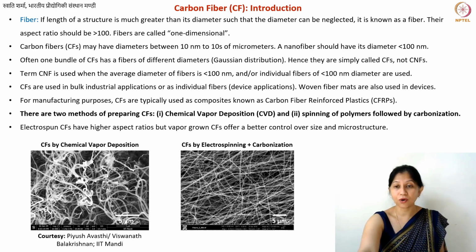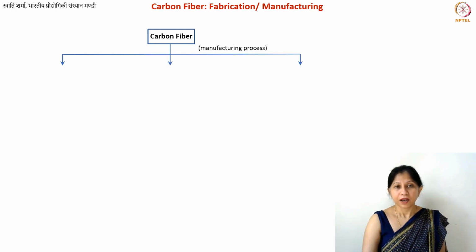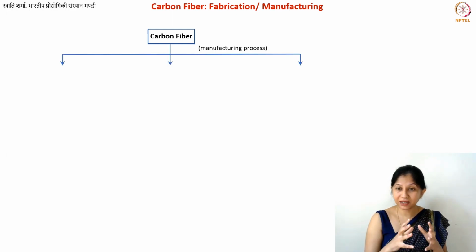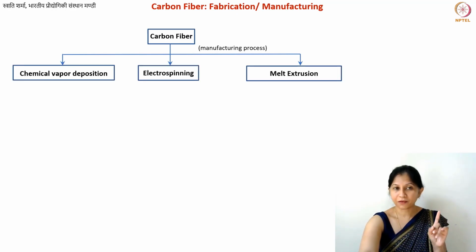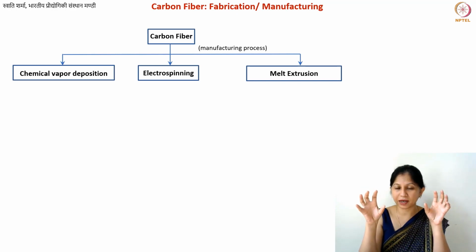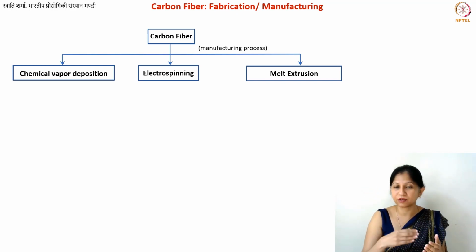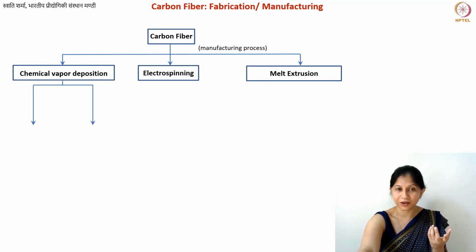Now we are going to go more into the details of how we classify these carbon fiber manufacturing techniques. The first thing is that based on the manufacturing process, as I mentioned, one is spinning and one is carbon fiber chemical vapor deposition. Spinning can be divided into two things: electrospinning or simple melt spinning, where melt extrusion is also a terminology that is used.